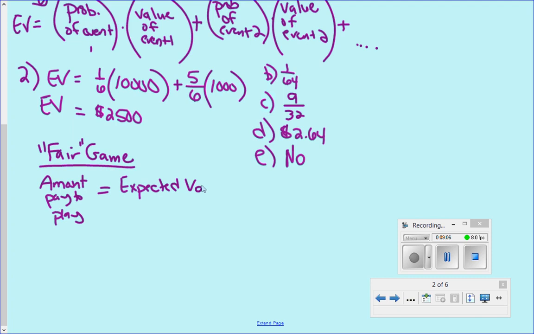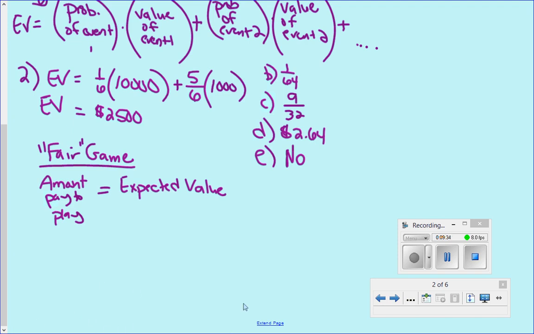If the two amounts are not 100% equal, then the game is not considered fair. Now, you don't want to think about fair in terms of it being fair for one party or the other. You wouldn't say it's fair for the person playing or not fair for the person who owns the game. You don't think of it that way. Fair just means they're not equal. It doesn't really matter who benefits or loses. It just is not fair if the two amounts are not equal. And if they are equal, then it's considered a fair game.